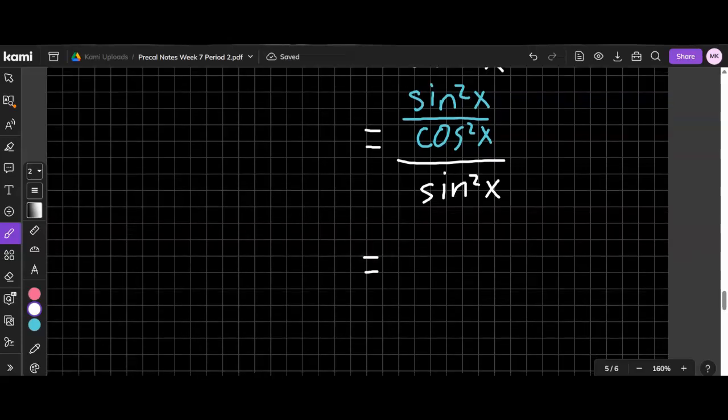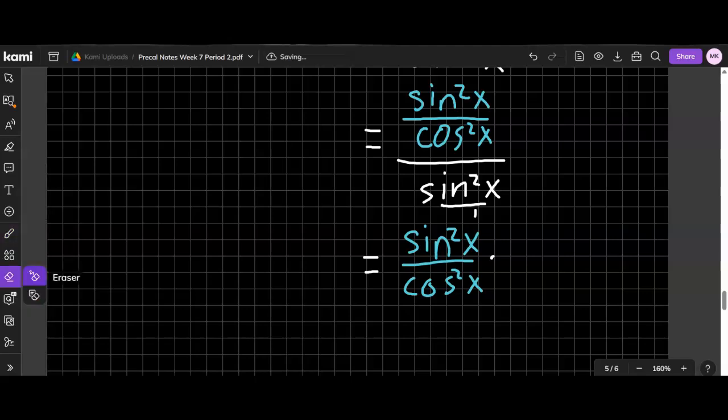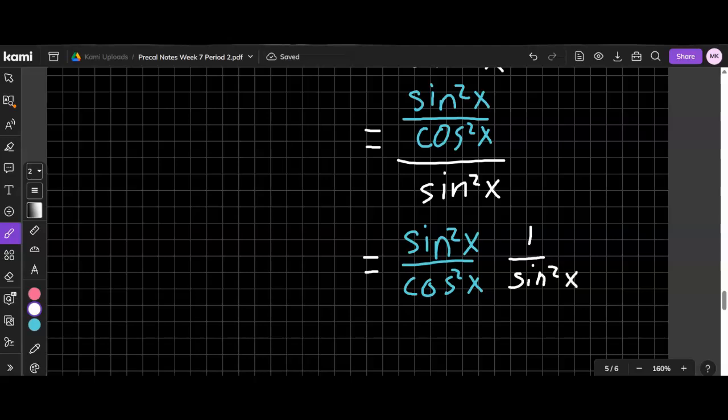And so we'll have our teal sine squared of x divided by cosine squared of x, and multiply by the reciprocal means this sine squared of x, even though it's on the bottom of our giant fraction, this is on the top of the bottom part of the fraction. So when I write it as a reciprocal, I'm going to write that it's 1 over the sine squared of x.